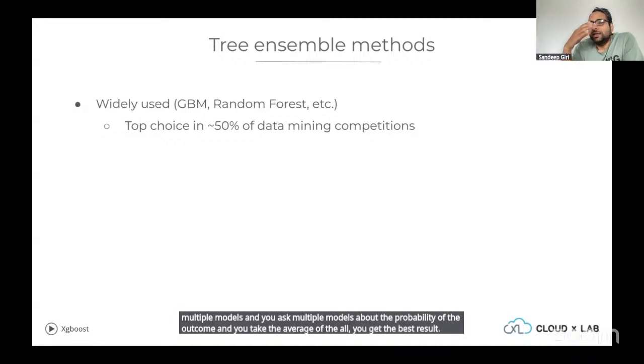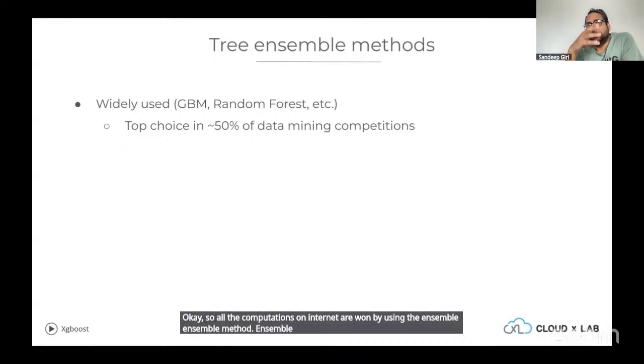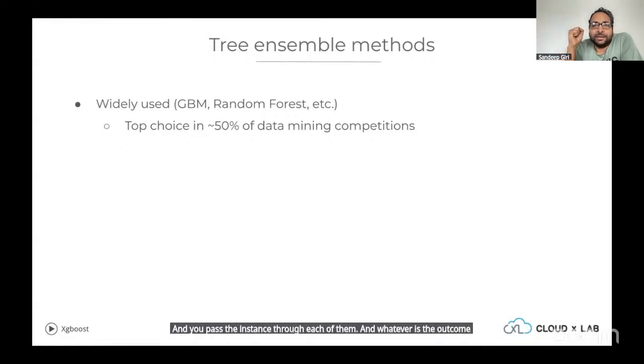An ensemble method is nothing but a group of models, and you pass the instance through each of them and aggregate the outcomes.